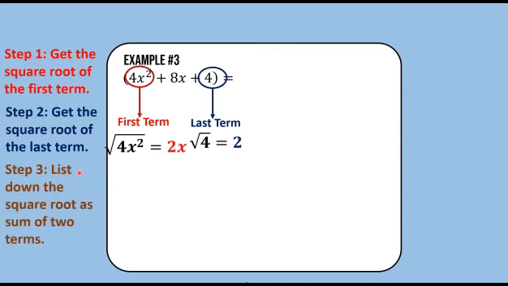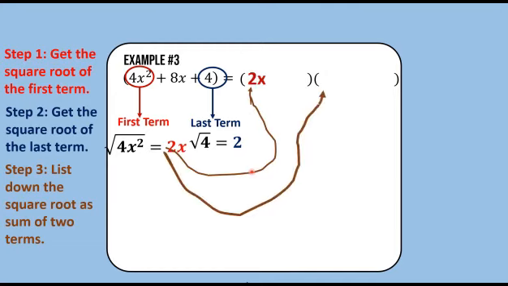We are going to list down the square roots as a sum of two terms. Before we list down the two square roots, let us first make two parentheses. We have here 2x, so distribute 2x here and here. And also, we are going to distribute 2, our last term, here and here.